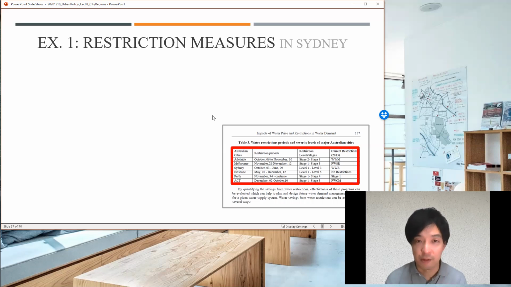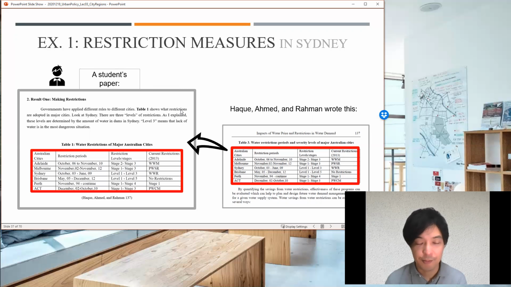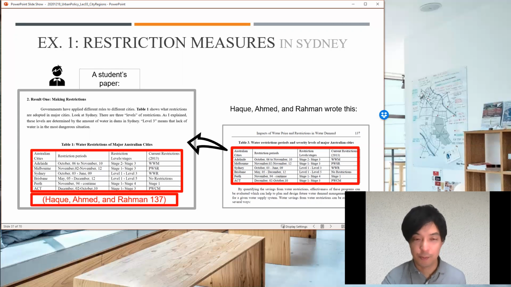And if this article was written by Haki, Ahmed, and Raman, they are the names of the authors, then you should use the tables as well as their authors' names. Okay, this is the place you write the original authors' names.